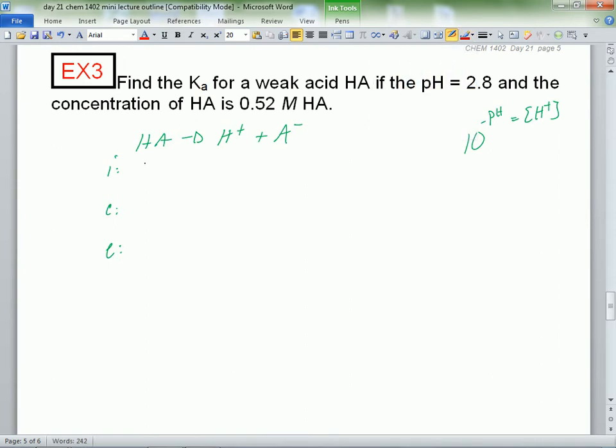Molar, right, for E? Yeah, concentrations are always big M. That's right. You plug it in for x. And you have to write it this way.